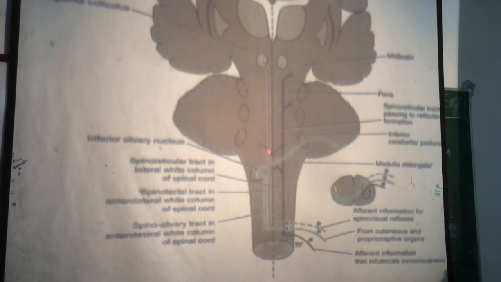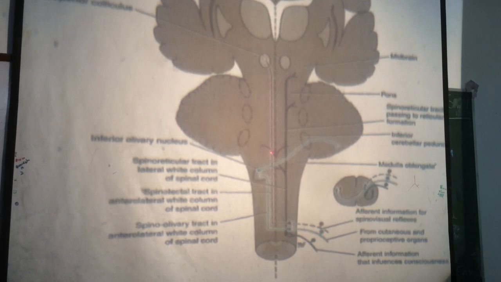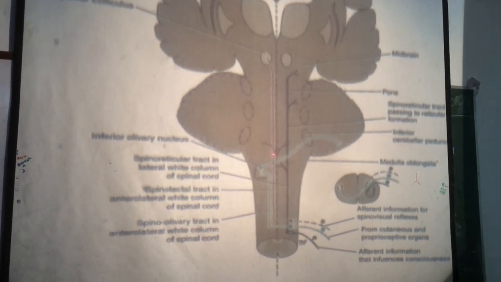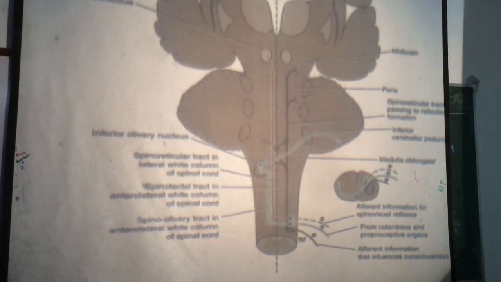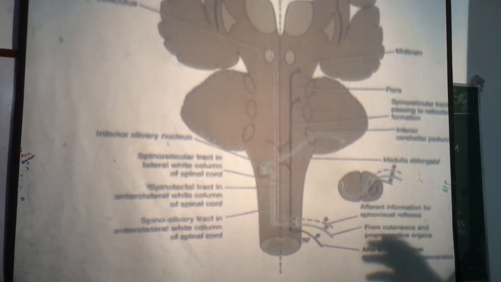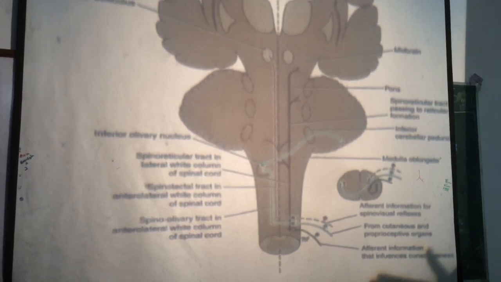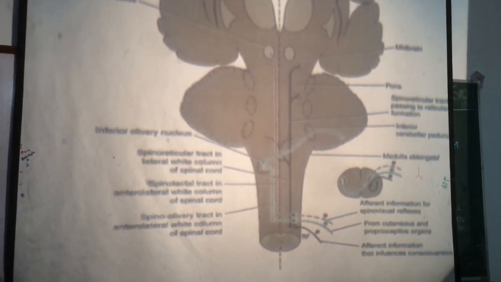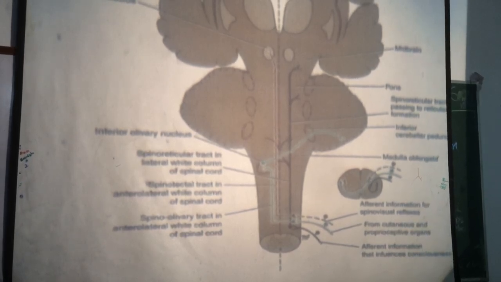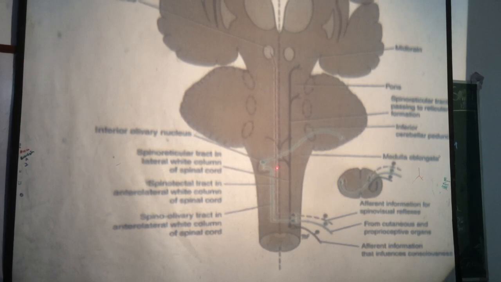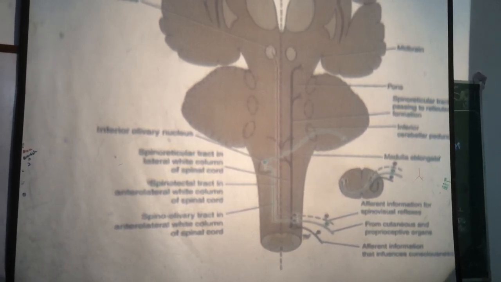We know the spinal lemniscus consists of three tracts: anterior spinothalamic, lateral spinothalamic, and spinotectal tract.